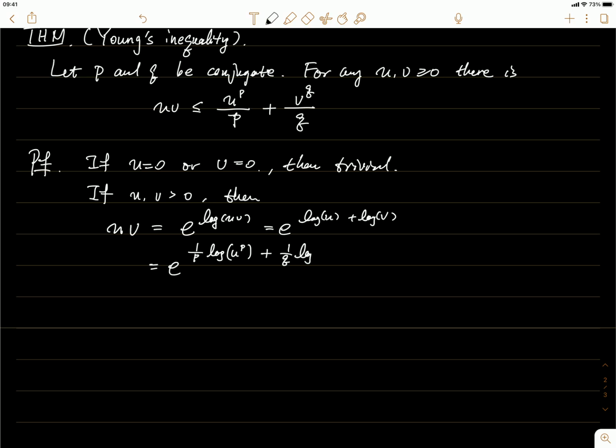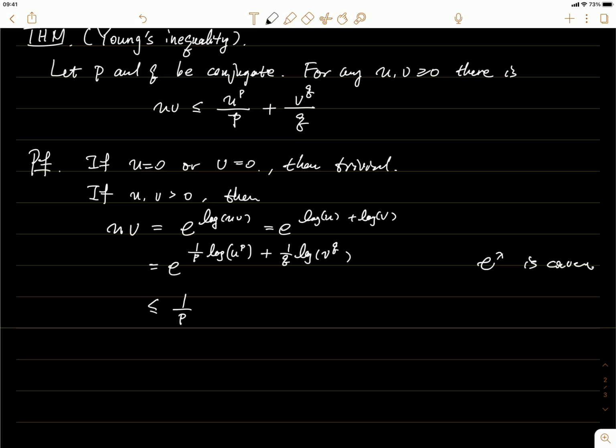Also this, v to the power q. Okay, so now because e to the x is convex, and we're taking, say, this as x, this as y, and this as lambda, this as 1 minus lambda. So I take the e to the power of that, which must be less than or equal to, I take the e to each individual, to x and to y individually, and then take the combination.